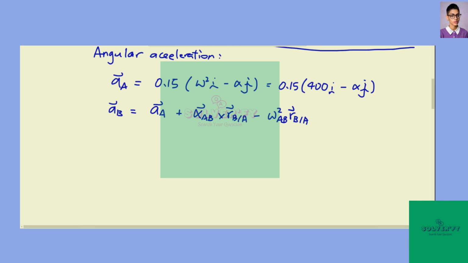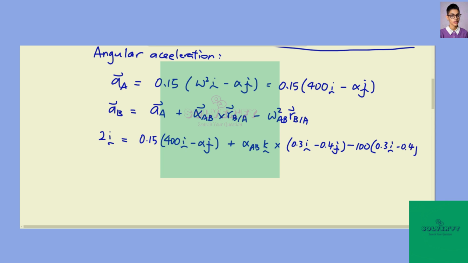Okay, aB is 2i. aA, the acceleration of point A, is 0.15 times 400 i minus alpha j, plus alpha AB k cross 0.3i minus 0.4j, minus 100 times 0.3i minus 0.4j.